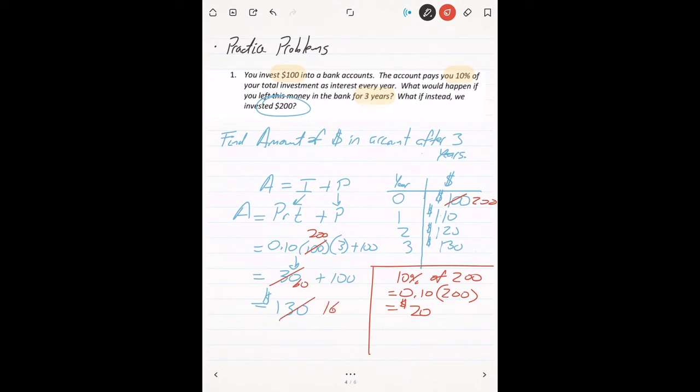So we'd end up with $160 in our bank account over the course of 3 years. So what we're seeing here is if you put more money in to begin with, you'll earn more in interest, okay? Now that's the idea with simple interest.